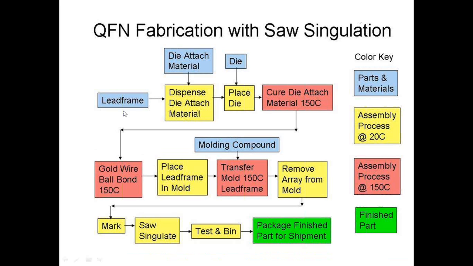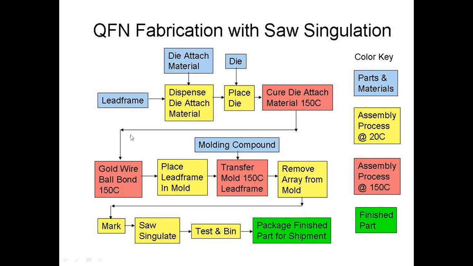So you take the lead frame, you dispense the die attach material, put the die on, and then you cure the die attach material. So now at 150 degrees C, a die is attached, and you have a mechanical connection.